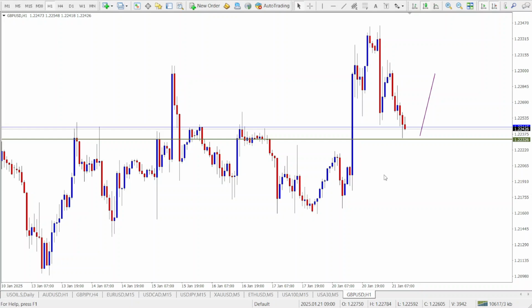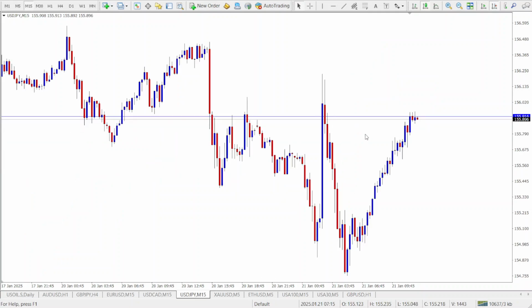So you might want to offset that with a trade on a negatively correlated pair like the USD JPY.